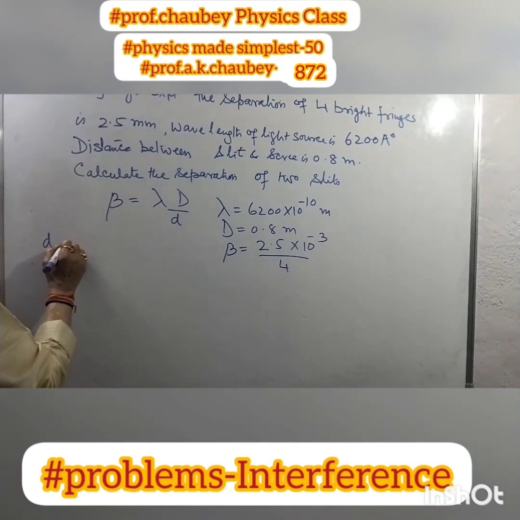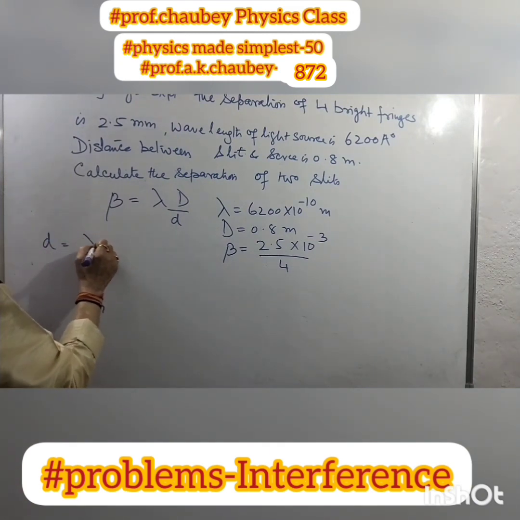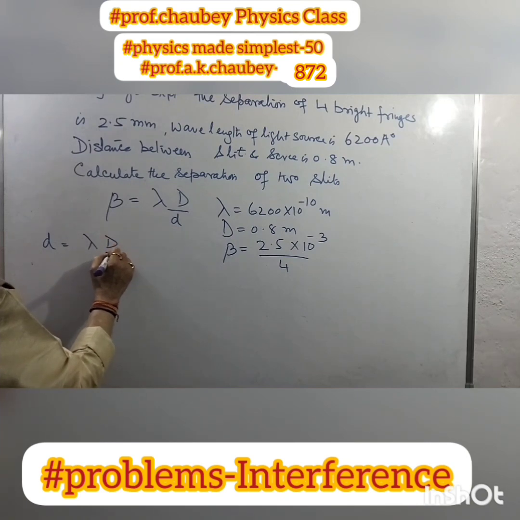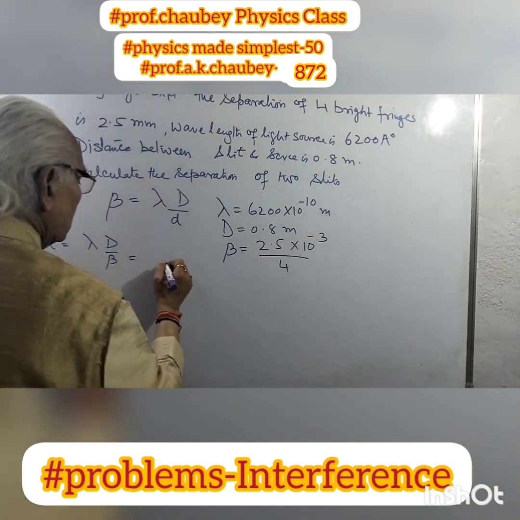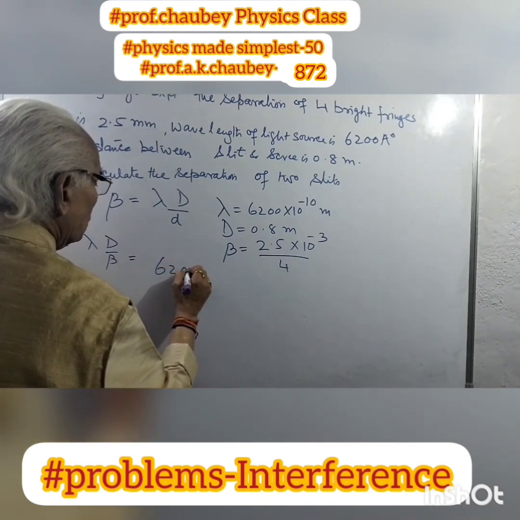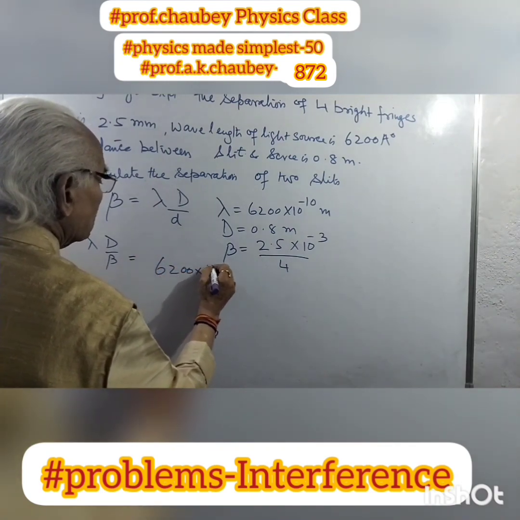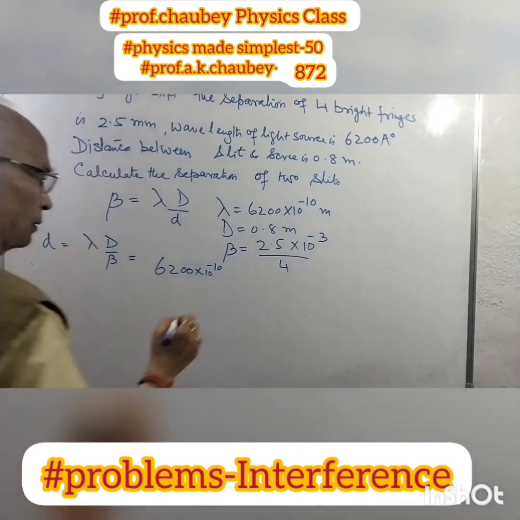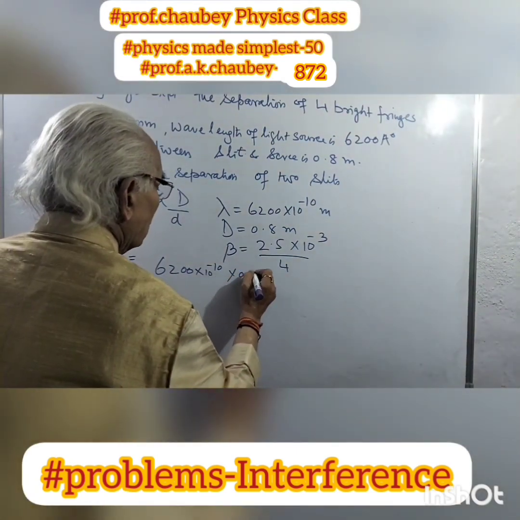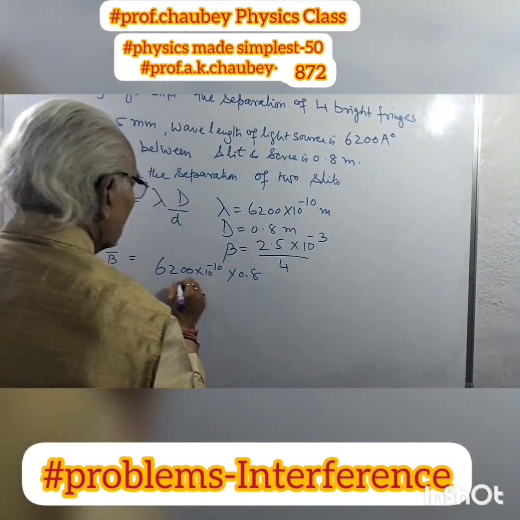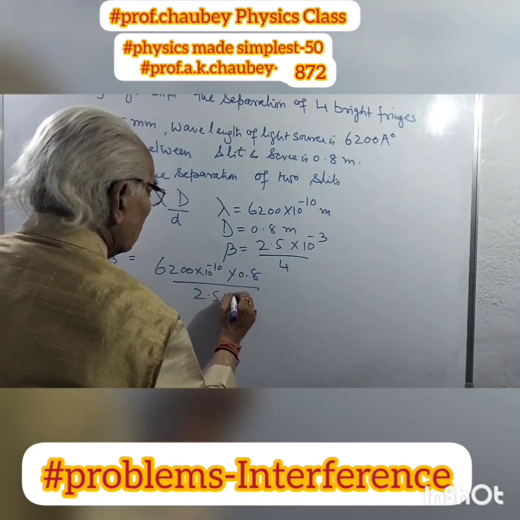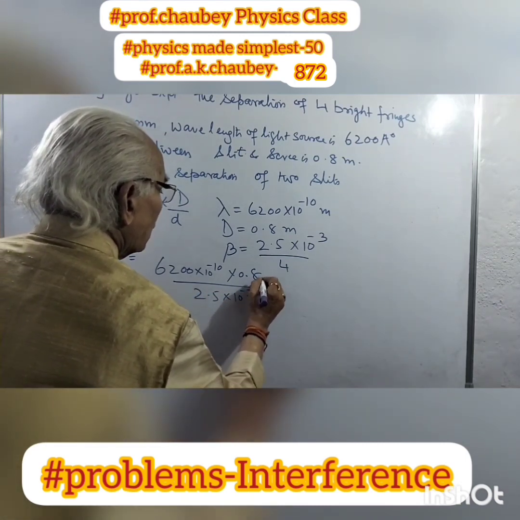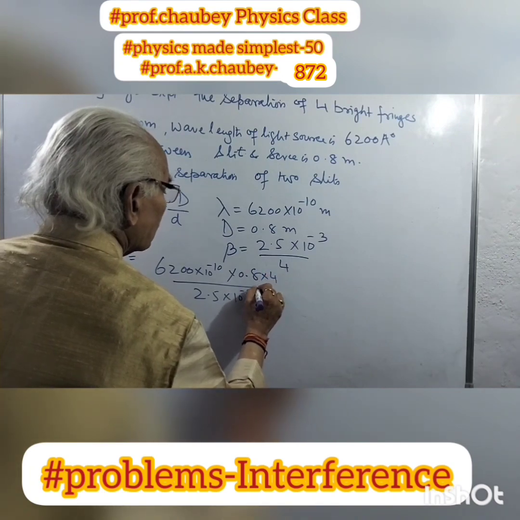d is equal to lambda D over beta. Put all these parameters: 6200 into 10 to the power minus 10 for lambda, D is 0.8 meter, and beta is 2.5 into 10 to the power minus 3 divided by 4.